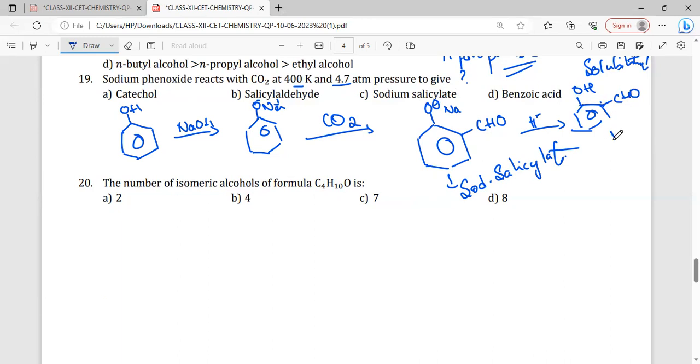So this would be your salicylic acid. Now, since they have not mentioned the addition of acid at the last step, the answer should be sodium salicylate. They have just asked what happens when sodium phenoxide reacts with carbon dioxide. I'll be getting sodium salicylate. Only this, right?